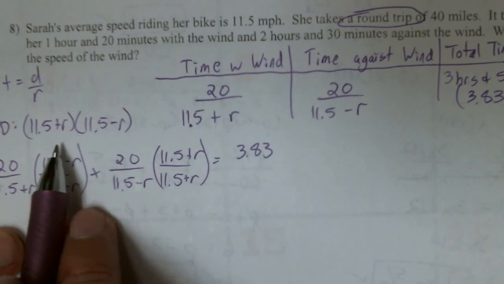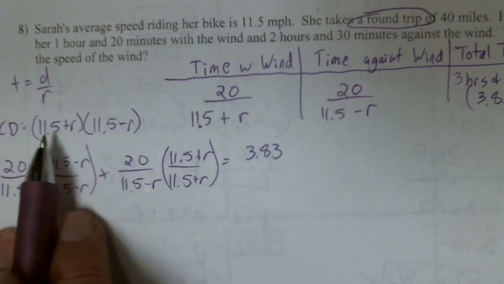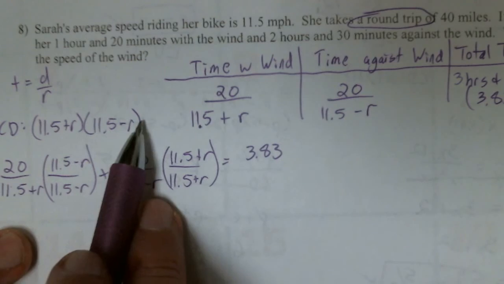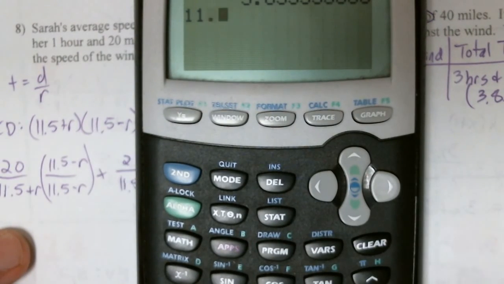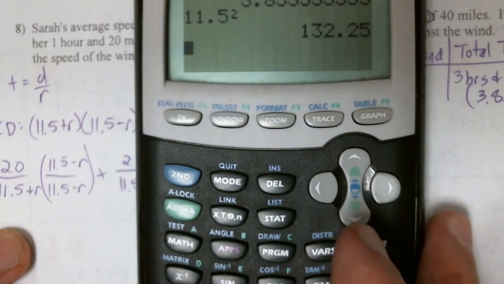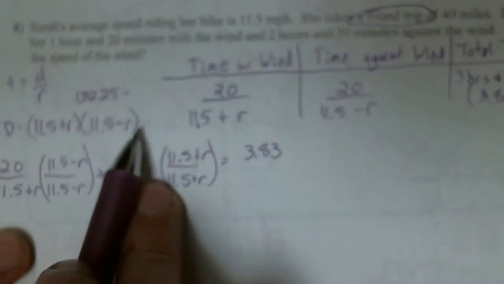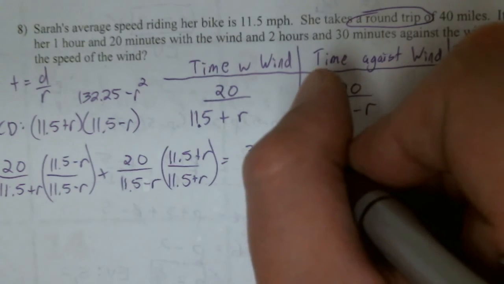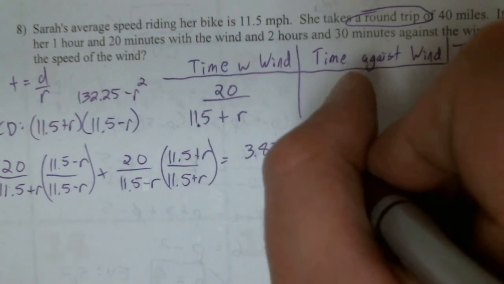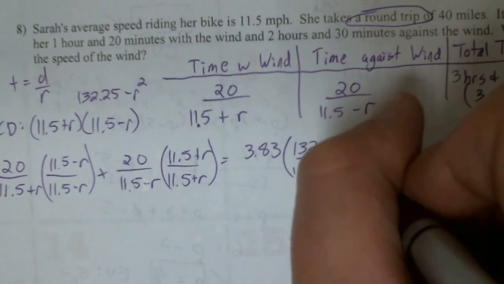Okay, now the common denominator, 11.5 plus R times 11.5 minus R. Remember, this is a difference of squares. So you square the first term, square the back term, throw a minus in the middle. 11.5 squared, 132.25. So this is 132.25 minus r squared. So this needs the common denominator, which is 132.25 minus r squared over 132.25 minus r squared.